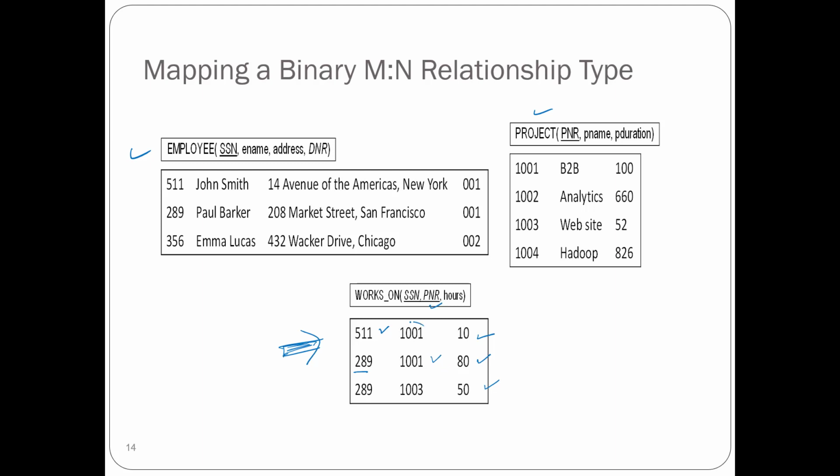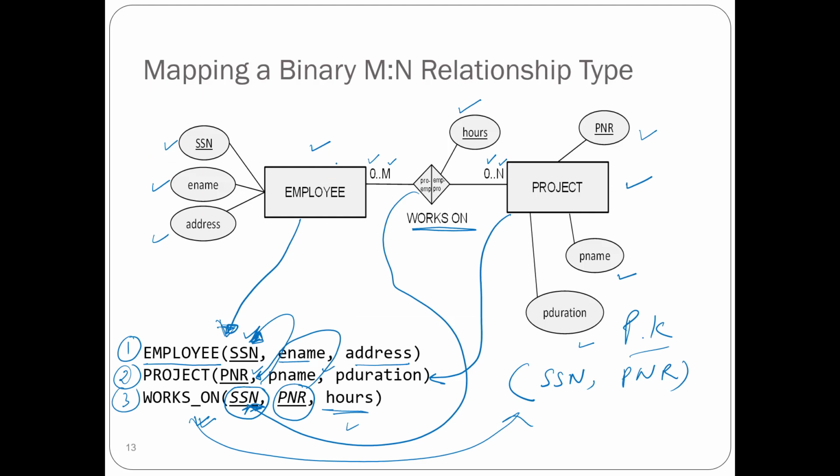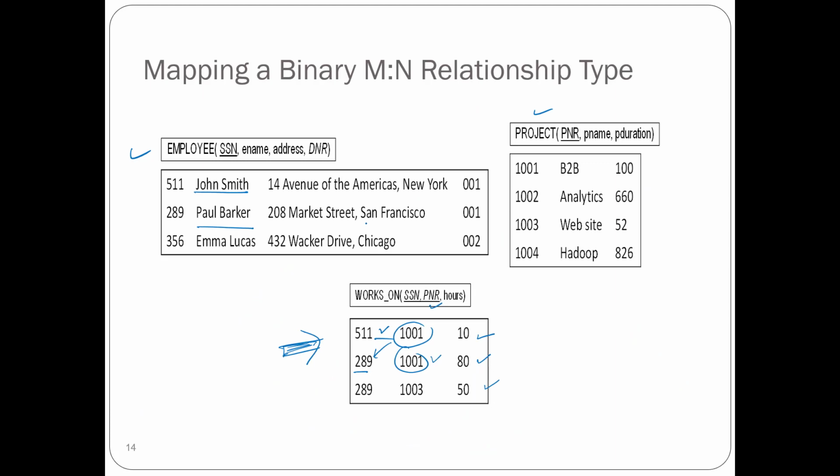And a project like 1001 has 2 employees, 511, which is John Smith, and 289, which is Paul Barker. So this is a many to many kind of thing. These things are satisfied. One employee is working on multiple projects and a project has multiple employees. That is established by this mapping.